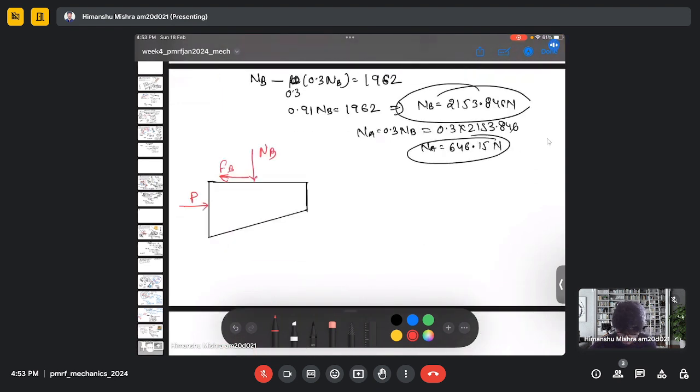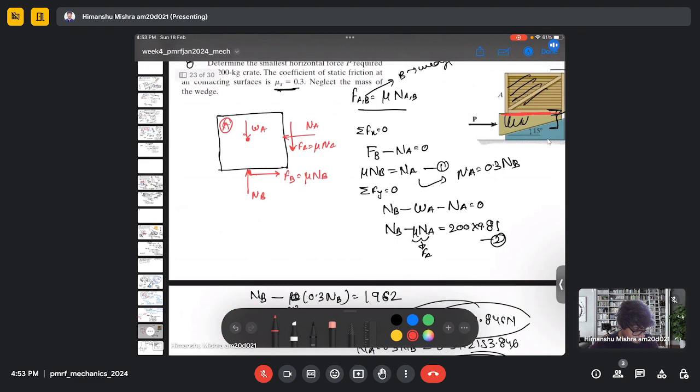This is P. And there will be a friction force due to the bottom block as well, which is, let's say, the C block.